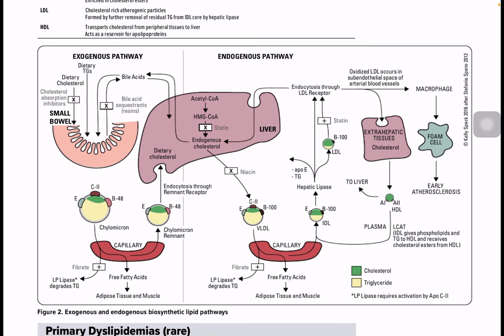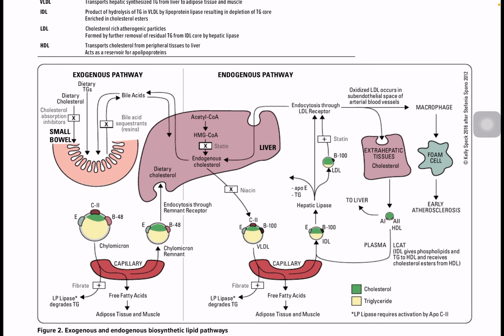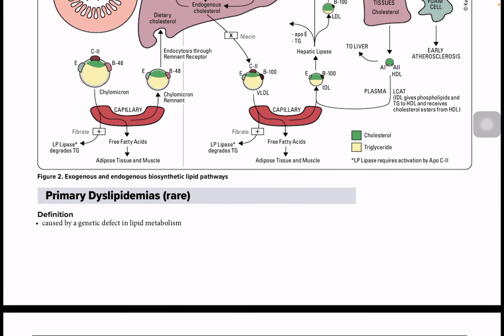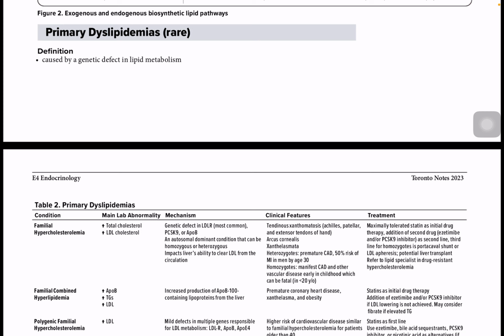And VLDL transports triglycerides from the liver to the muscles and the adipose tissue. So you can figure this picture out and have a good concept of your dyslipidemias. But moving forward, what is the most essential part of this portion on dyslipidemia that you need to learn for QE1?